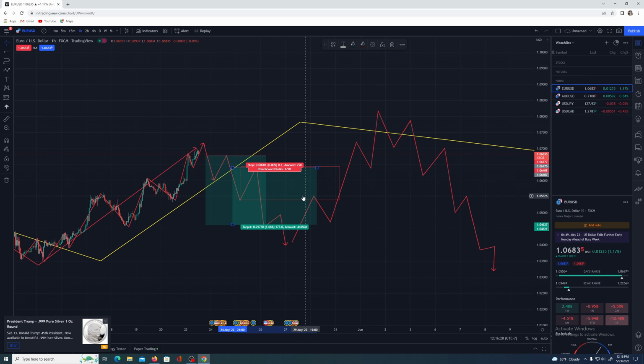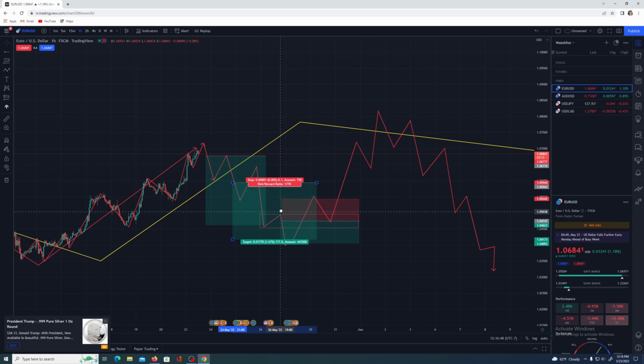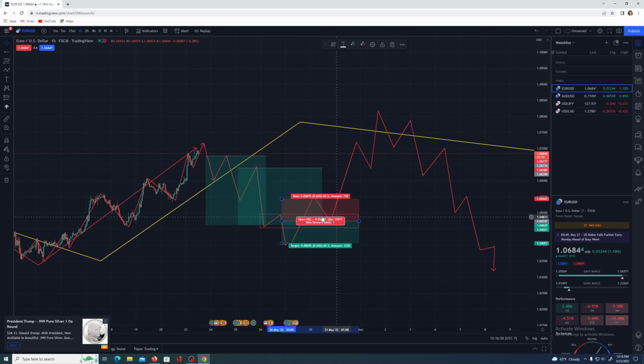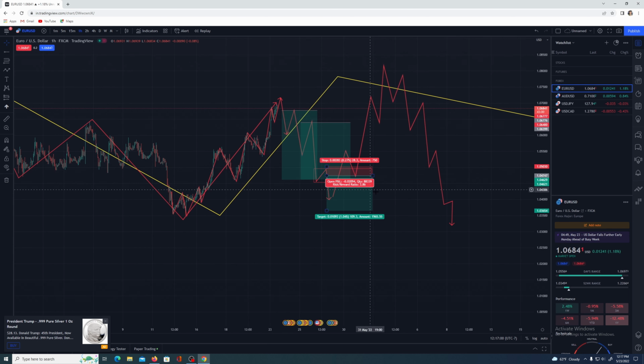And then now on this one, the moment that it broke structure, now what do we have? We have that this is the last move up before the move down, right? And now we're waiting for the 50% entry over here. On this one, what do you see happening?